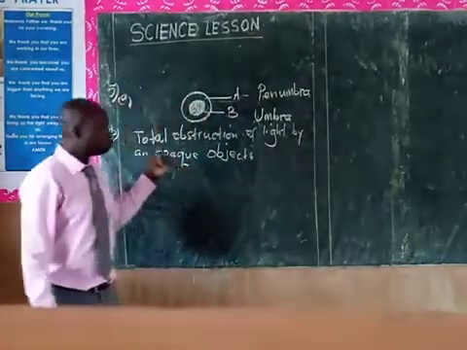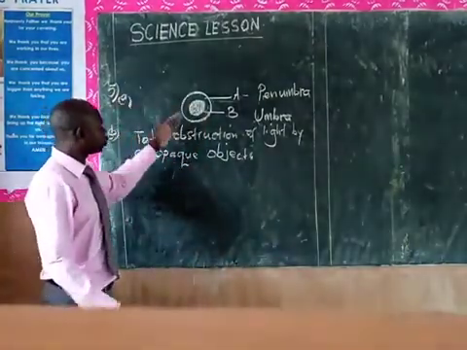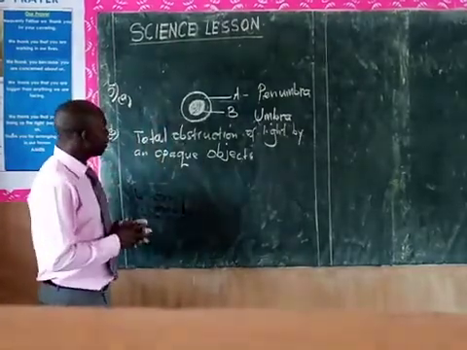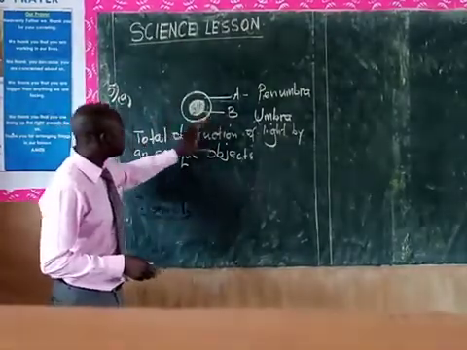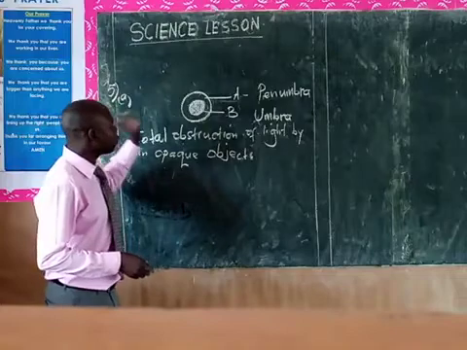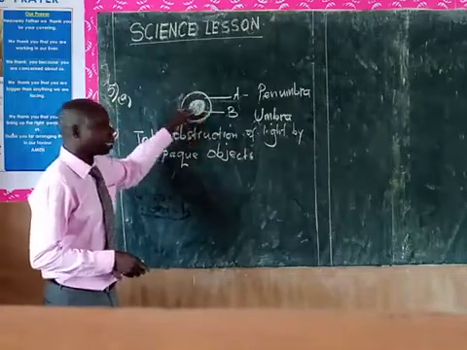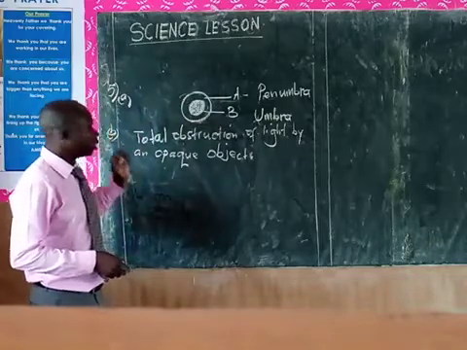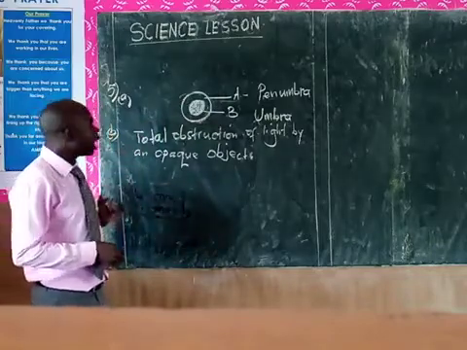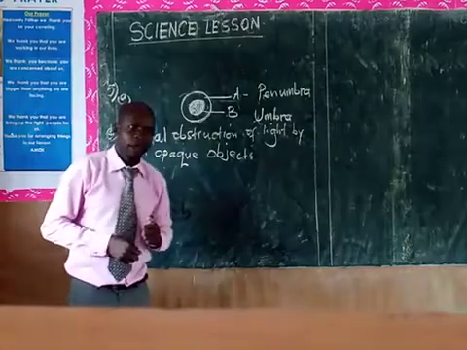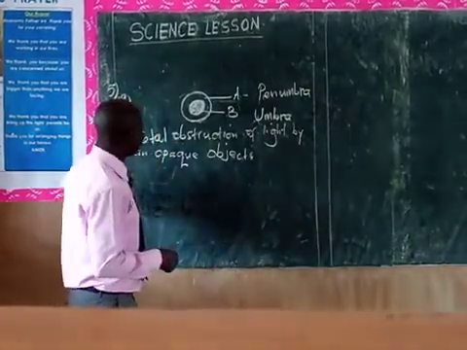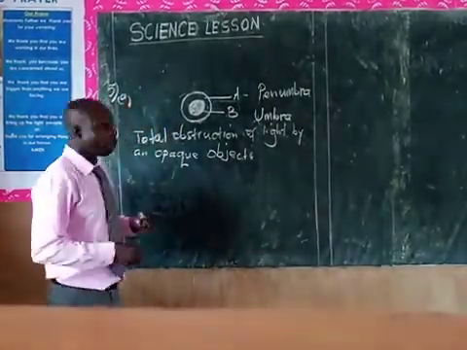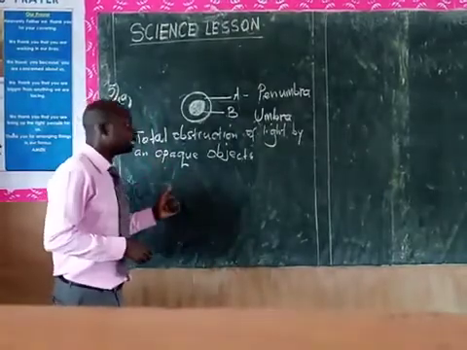Boys and girls, I want this to take us to something. Remember, in that lesson you were just looking at how shadows are formed. Remember, there are shadows that are formed in space when light from the sun is obstructed by certain bodies.